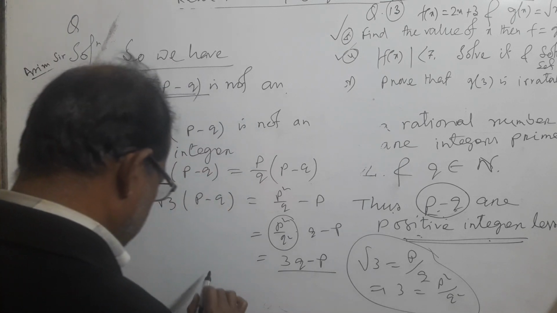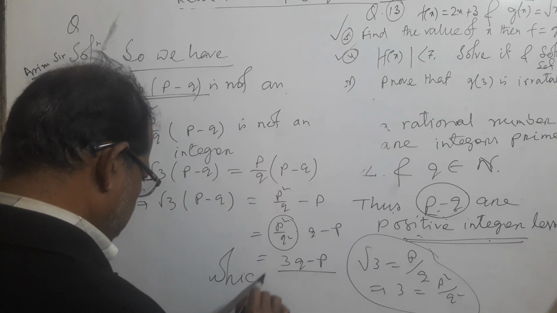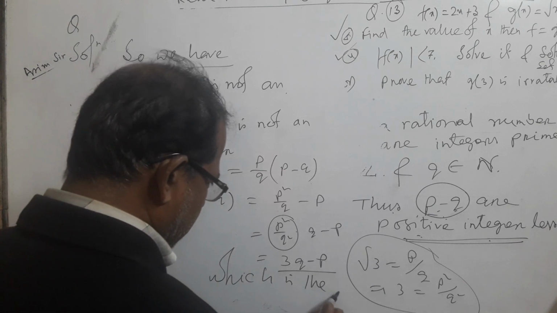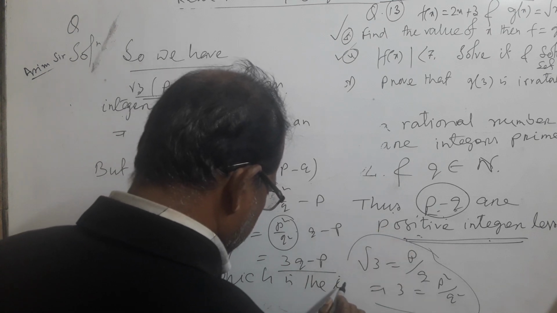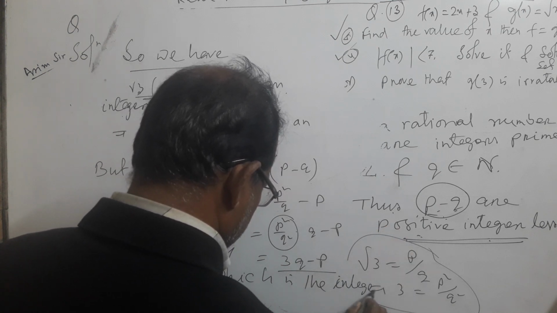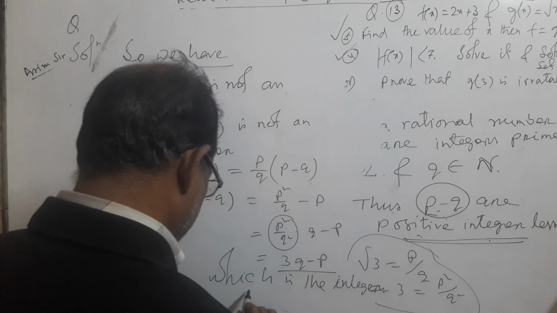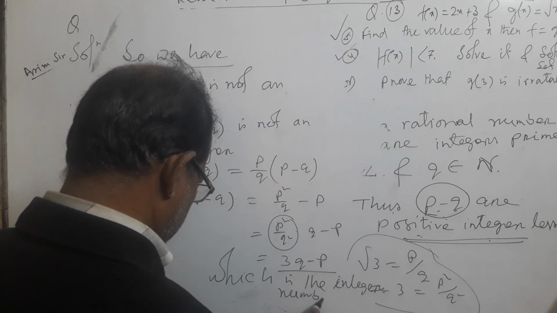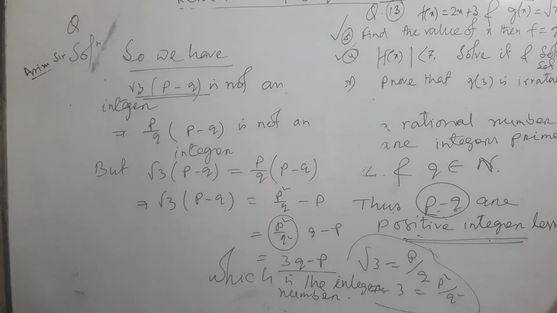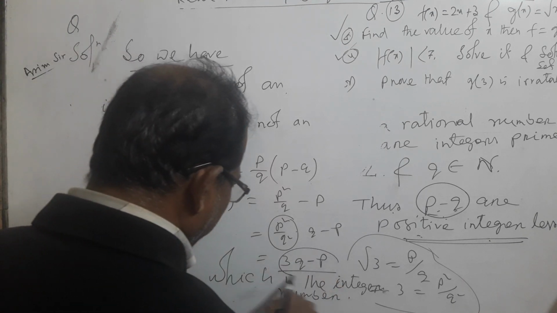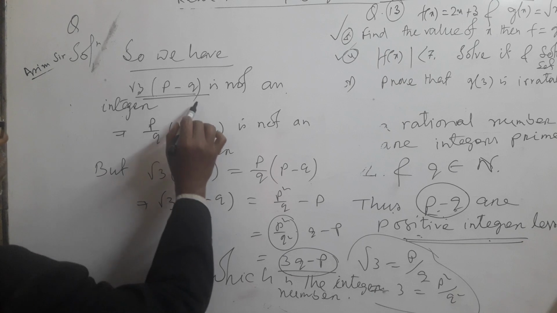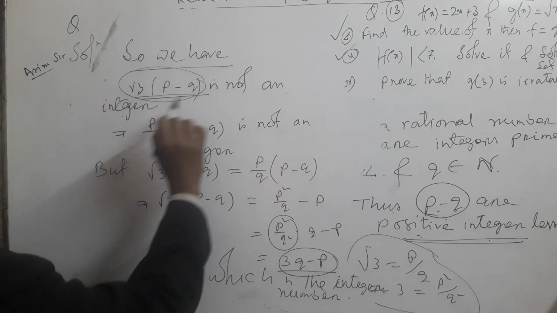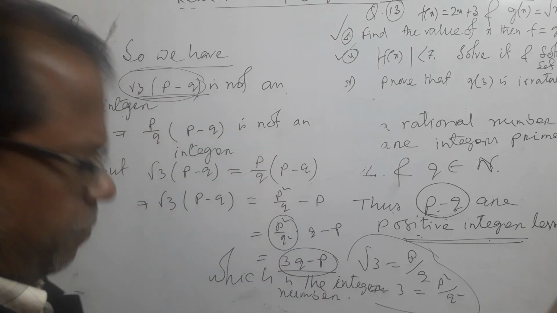Which is the integer number, which is the integer number, and you have to clear this process. So this is the point and this is the point. These points and these points are in contradiction.